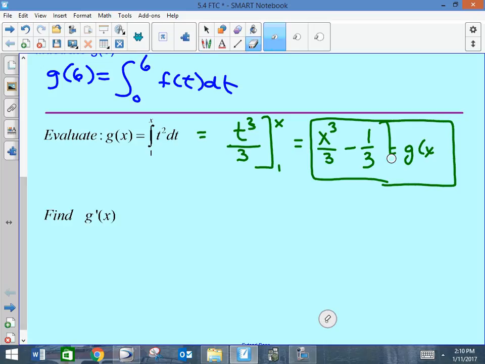Let's find g prime. G prime. What is that? Now we're going to find the antiderivative, find the derivative. I know, it's x squared. Okay. It's not the antiderivative, it's the derivative.